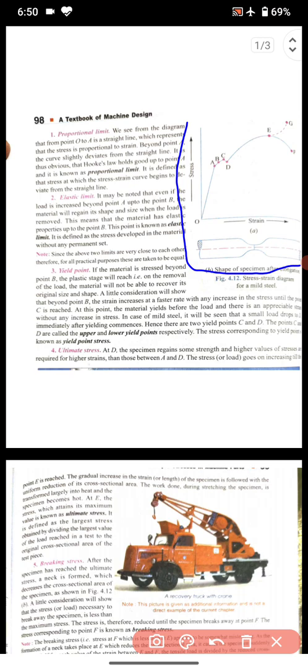Okay, you already know the different points of the stress strain curve.